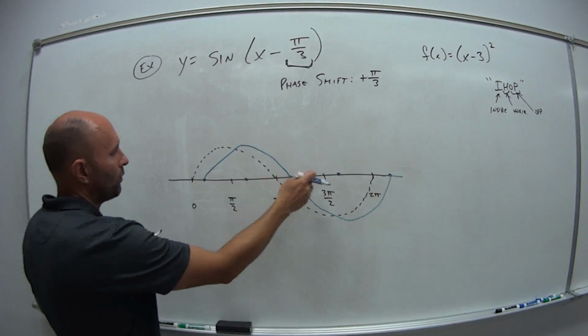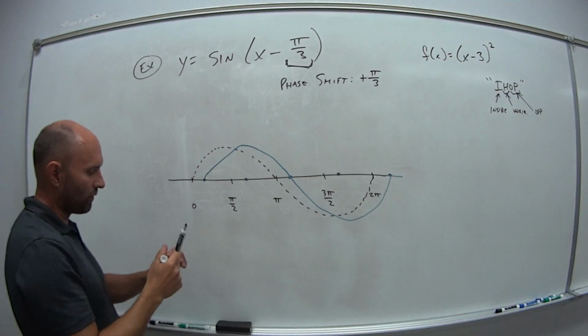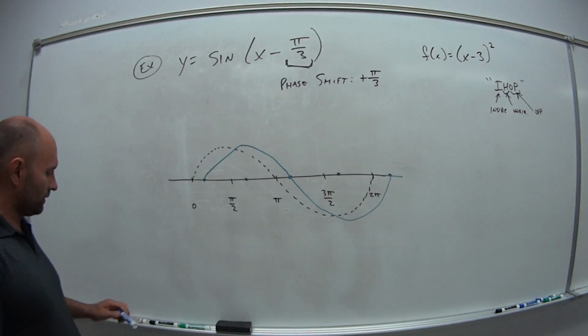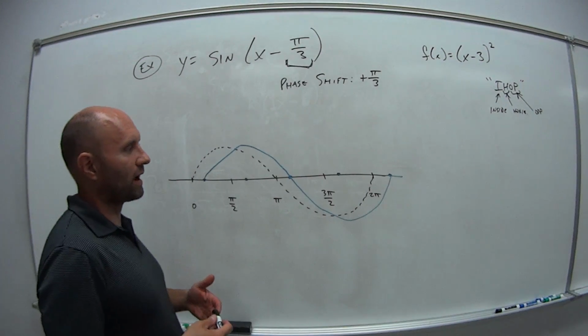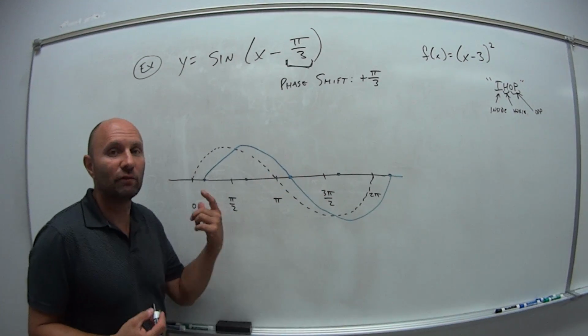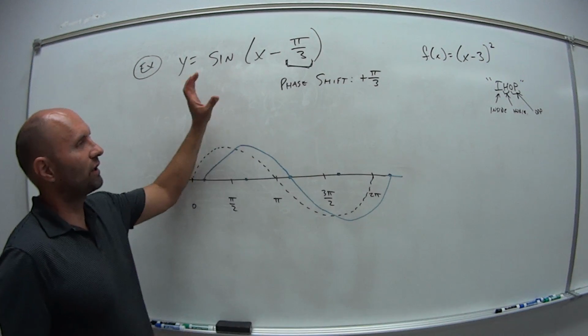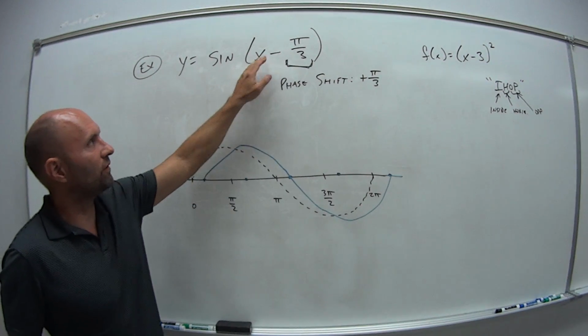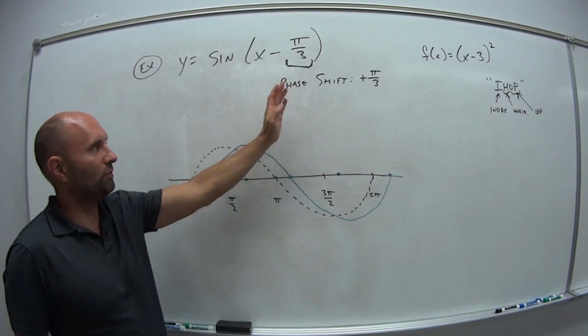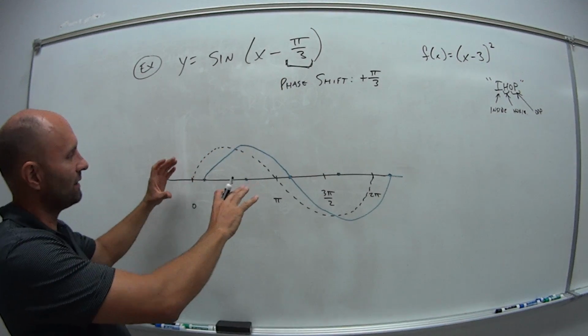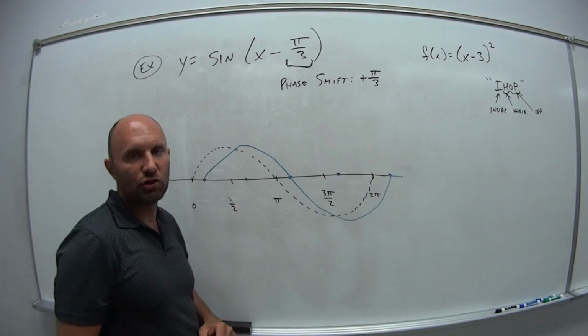At all these points, it's still the 5 points, but they've all shifted over a distance of pi over 3. Once we get into some more of the complex problems, I'll show you how you can calculate those exact values. But just the concept of what's going on when we have this x minus pi over 3, it's a phase shift of plus pi over 3. So it takes the entire basic graph and shifts it over.